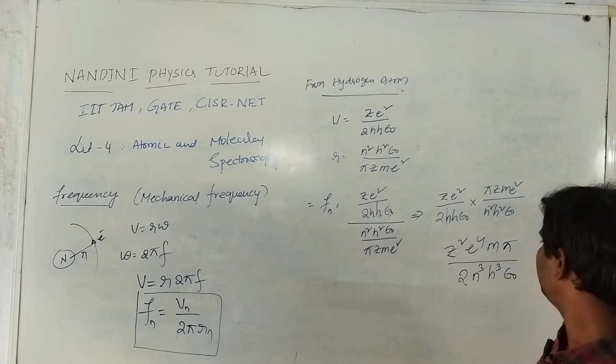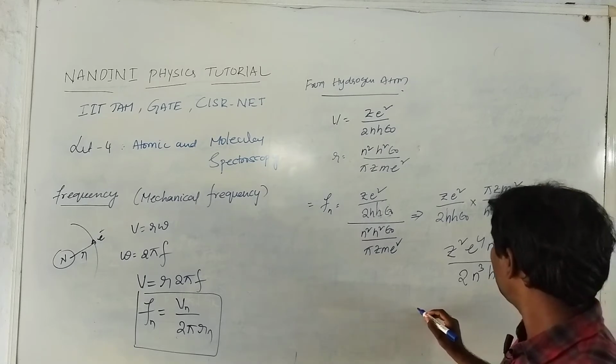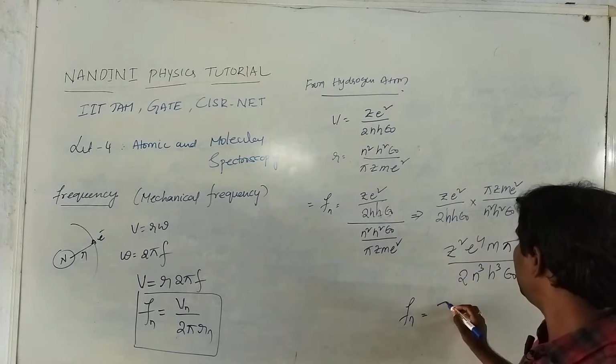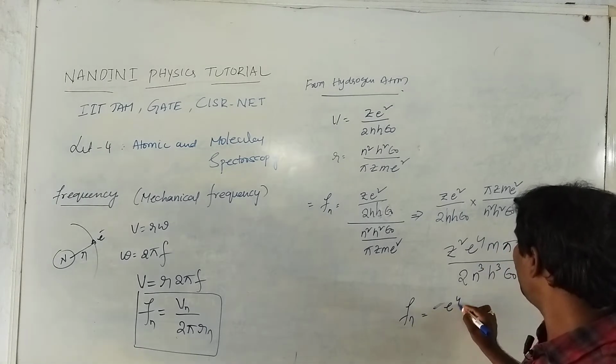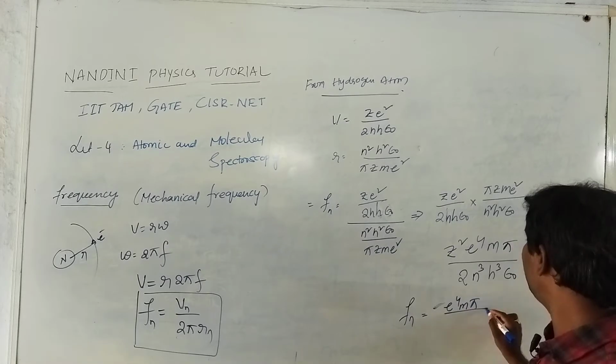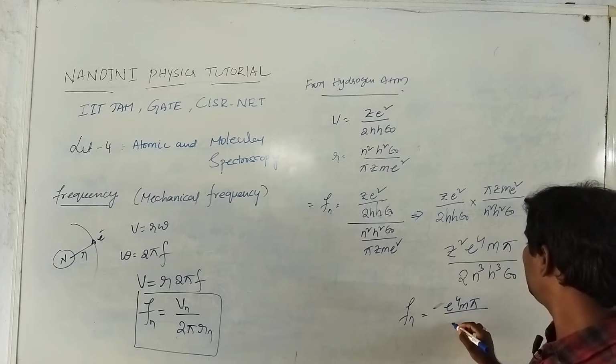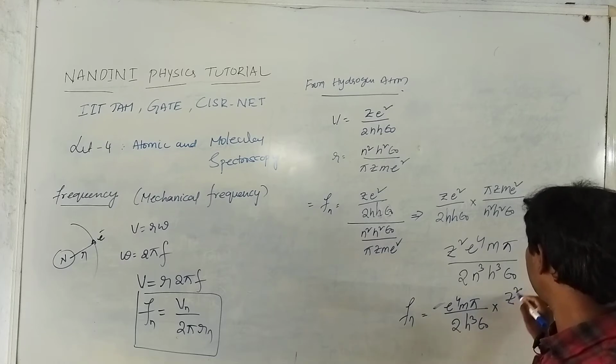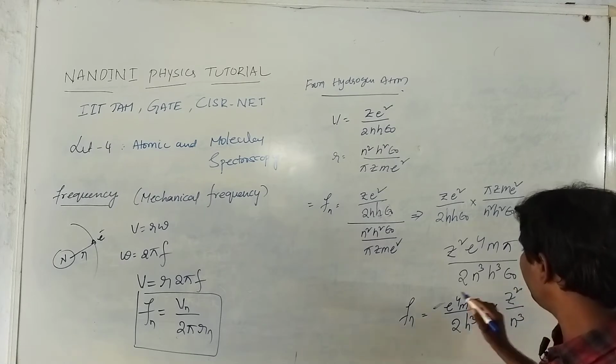So therefore, frequency Fn is equal to e power 4 m pi divided by 2 h cube epsilon naught, into Z square divided by n cube. So this is your frequency term.